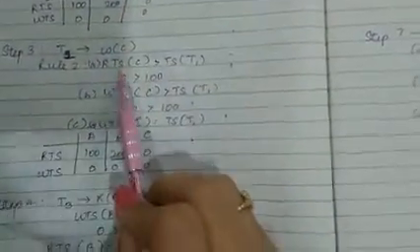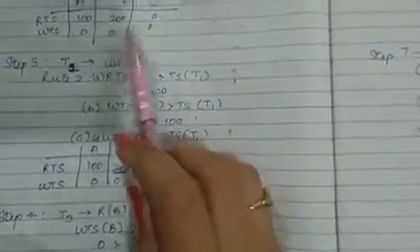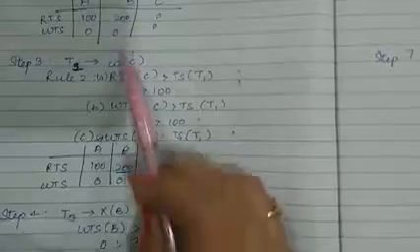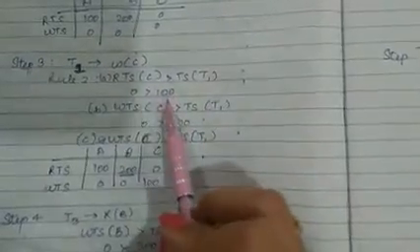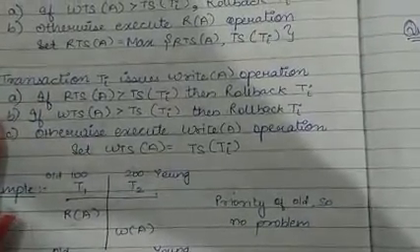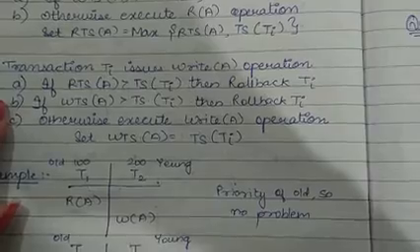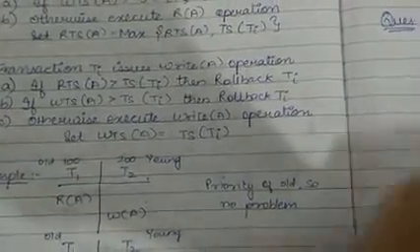What is the value of RTS(C)? We have the value 0. What was the timestamp of transaction T1? That was 100. So is 0 greater than 100? No, this is false. Again we check the next condition: is WTS(C) greater than TS(T1)?